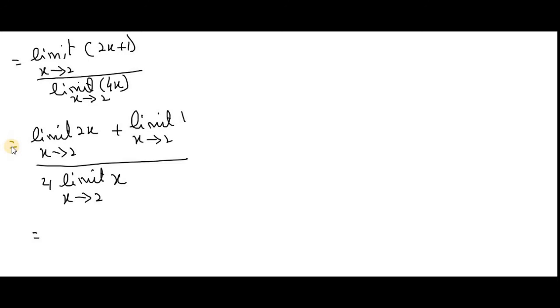Now in the numerator again we have a constant times function, so 2 limit x approaches to 2, x, and the limit of a constant, which is 1, is always the same, so we simply write it as 1.